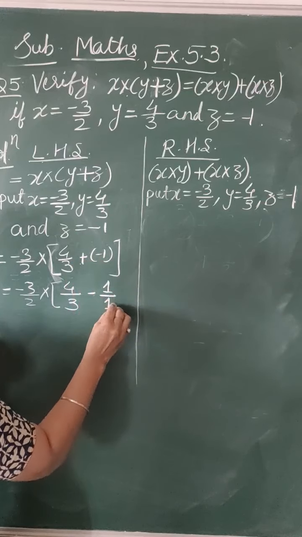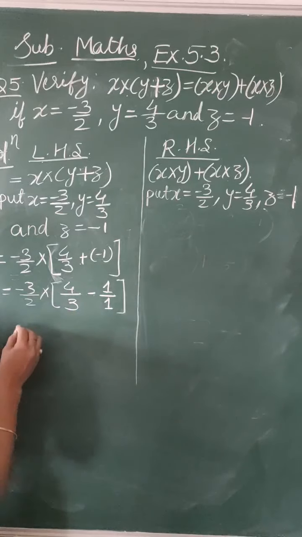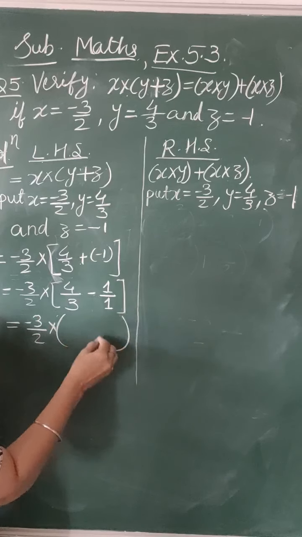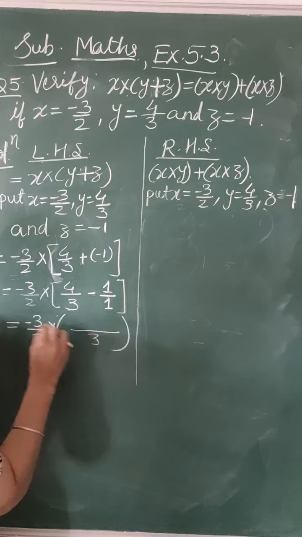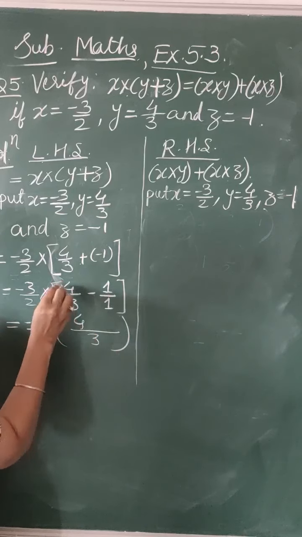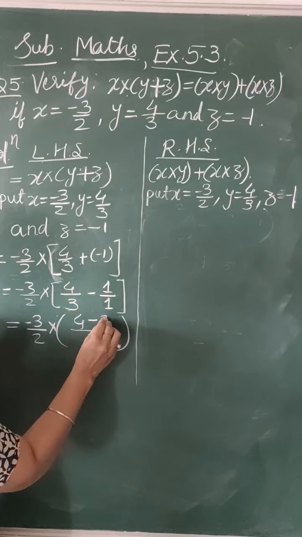Now here there is no denominator, you can take 1, because this is subtraction of rational numbers. So you have to simplify the bracket first, and you have to find the LCM, which is 3. As 3 is already in the denominator, this numerator will be as it is, and minus here 3 ones are 3.